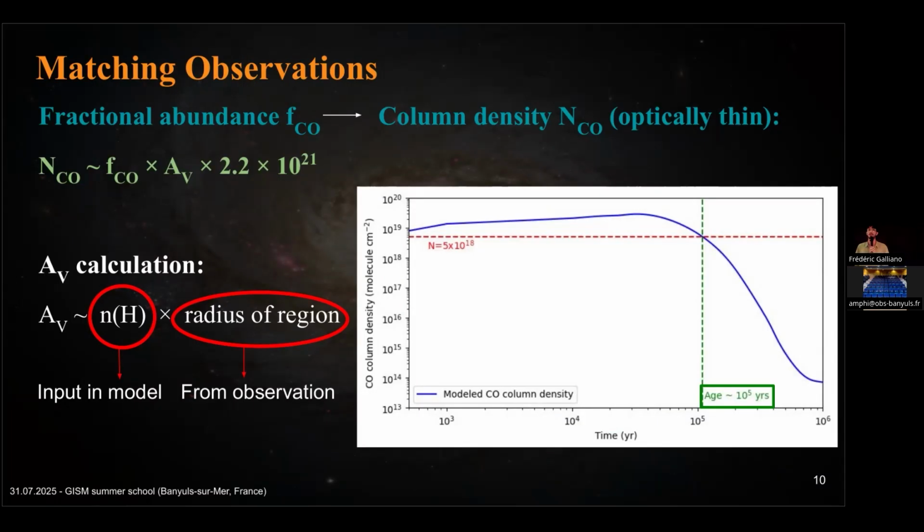The AV is calculated in a crude way, just for the hydrogen input. So we get the evolution of the column density of CO with respect to time. And by combining it with the column density that we got from the observations, which is 5 times 10 to the 18, we can have a very crude estimate of the age of this cloud, 10 to the power 5 years.